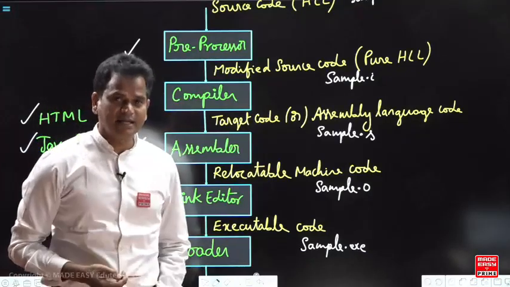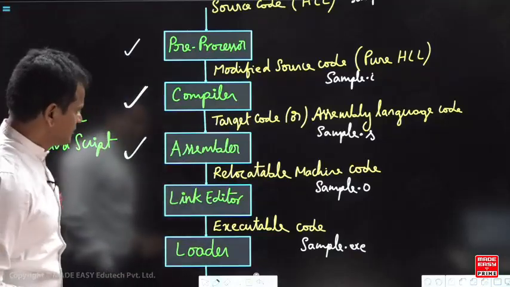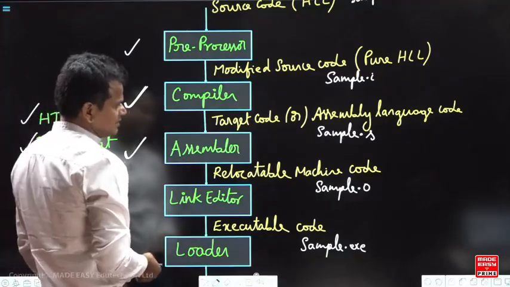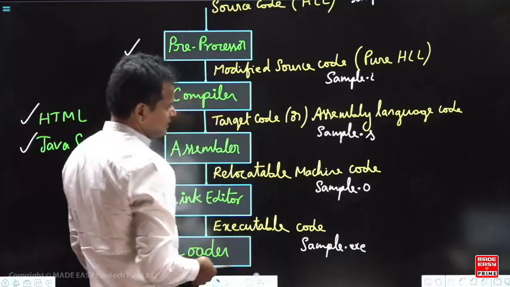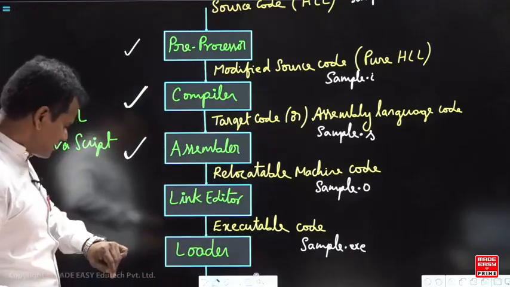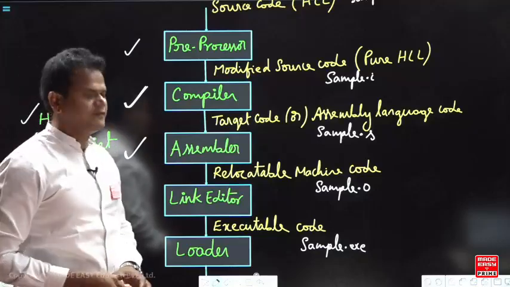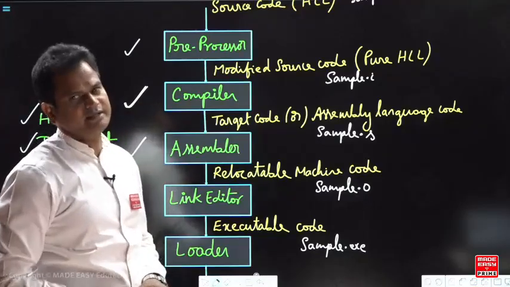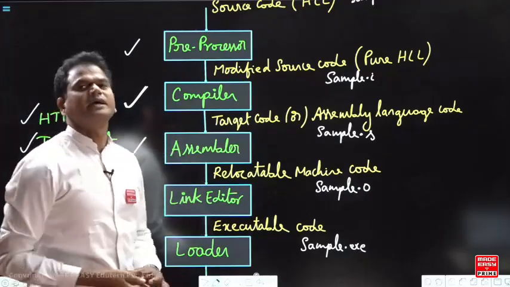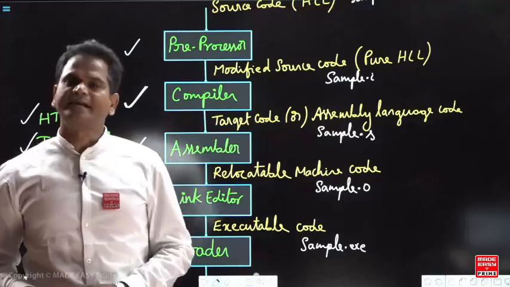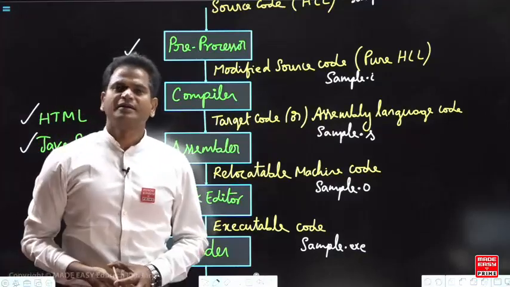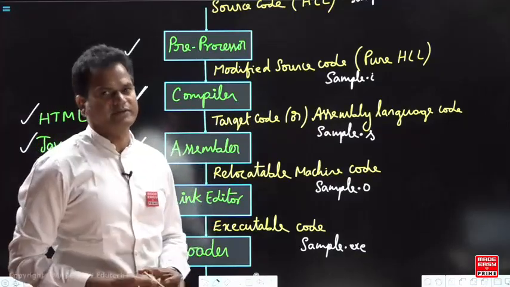It takes the assembly language code as input and produces relocatable machine code as output, which has to be loaded in main memory, which is ready for execution.